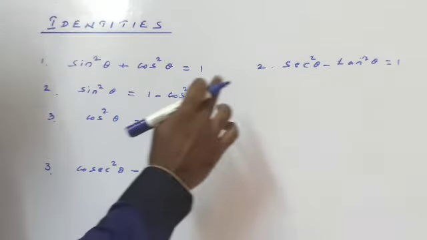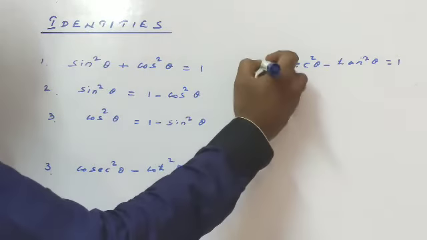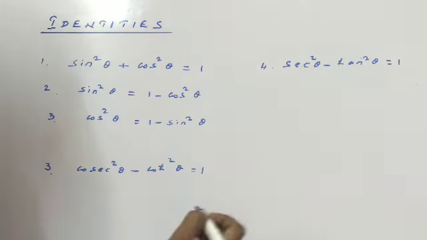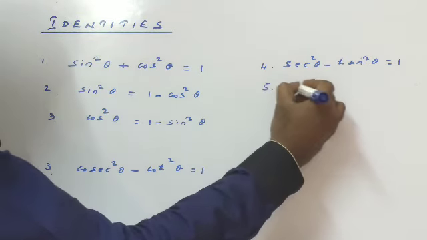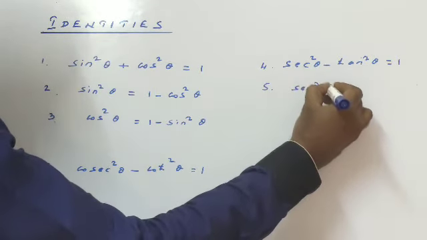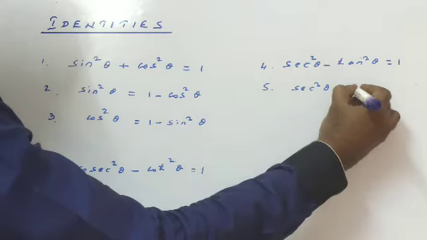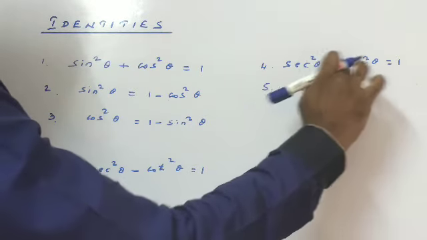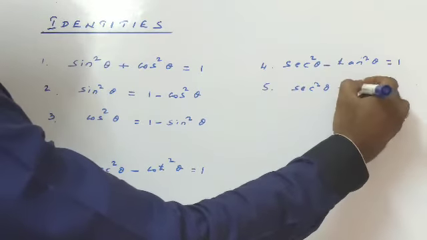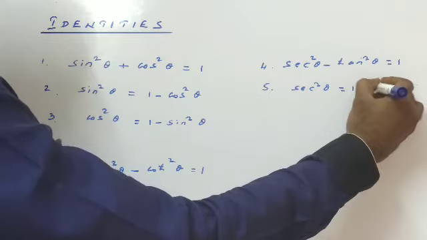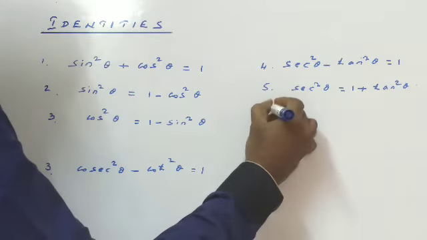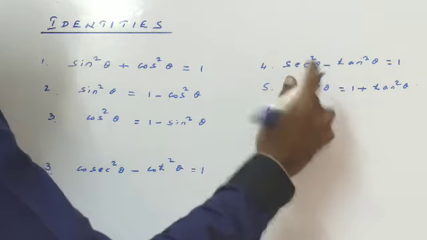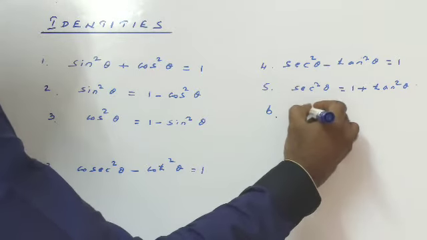Like that, consider this is identity 4. Keep secant square theta on the left side equal to 1. Now take minus tan square theta to the right side, it becomes plus tan square theta. Sixth one, secant square theta.